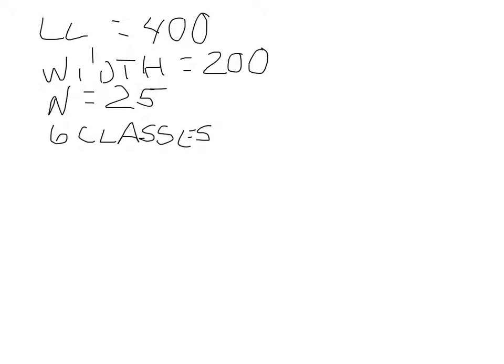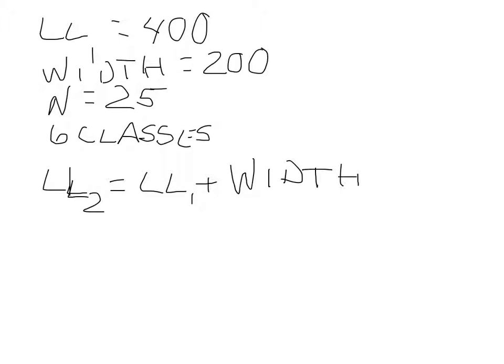All right. So what we're going to do is start putting together the classes, and you're given the first one, that is the lower limit 1. So then the lower limit of the second class is lower limit of the first class plus the width. So that's going to be your 400 plus 200 equals 600.